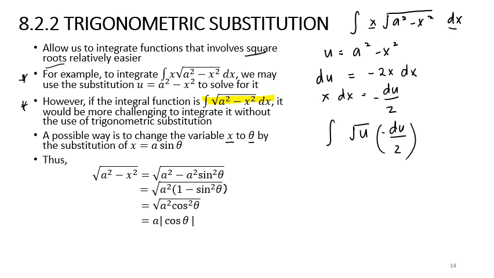In this case, since it's the square root of a squared minus x squared, you may want to use x equals a sine theta. So when you have this, it's easier for you to do. From this term, you can get dx equals a cos theta d theta.